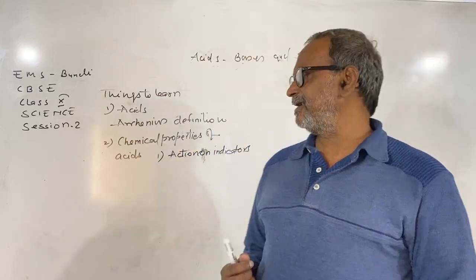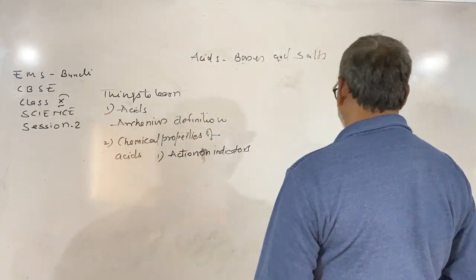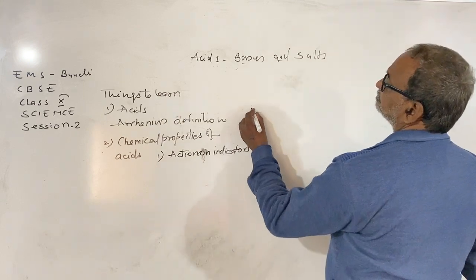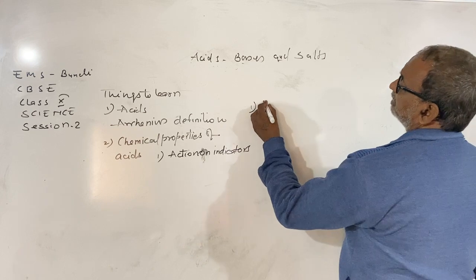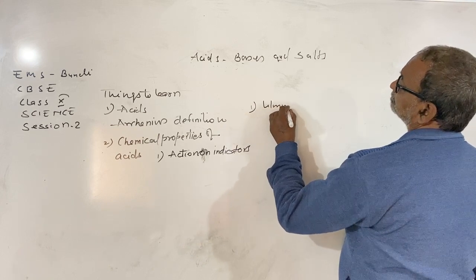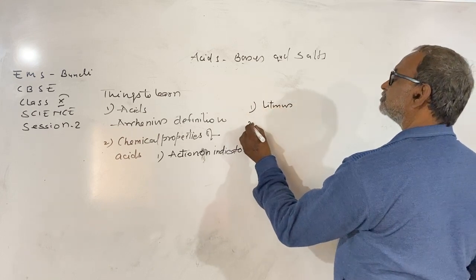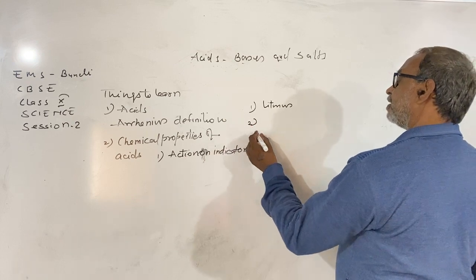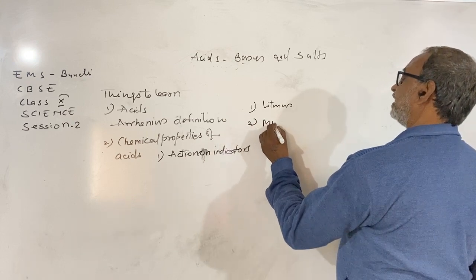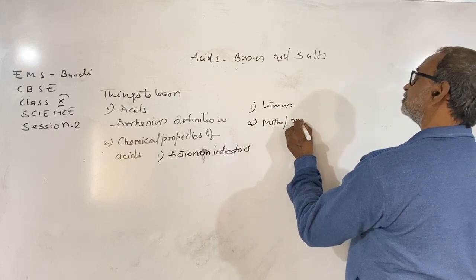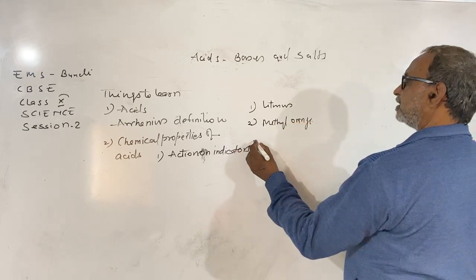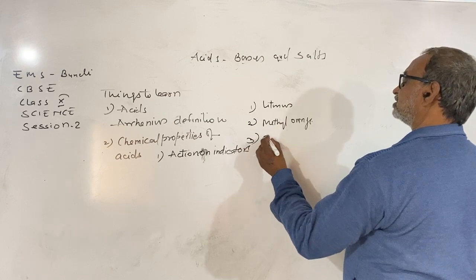Most common indicators that we use in our laboratories include litmus, methyl orange, and phenolphthalein solution.